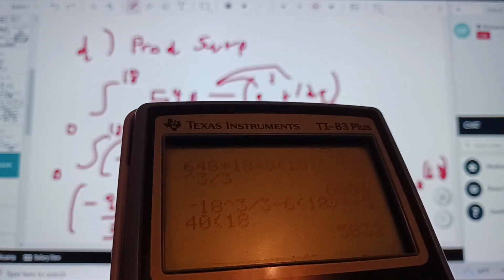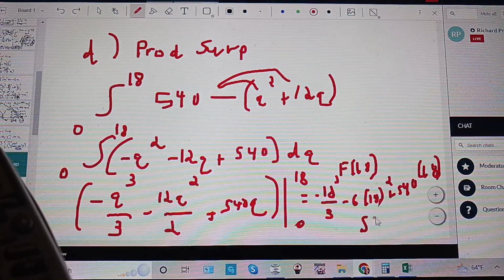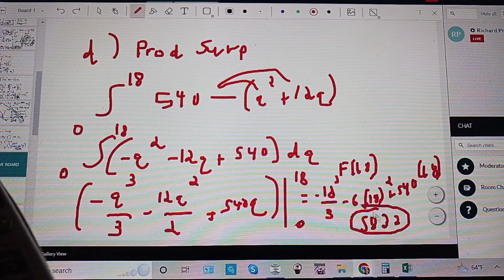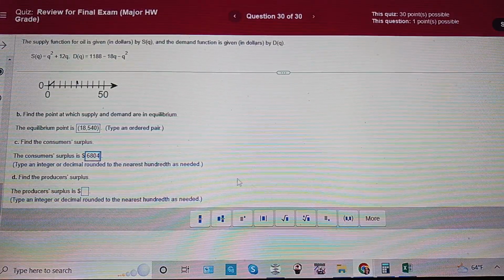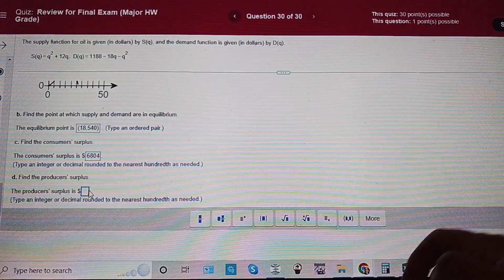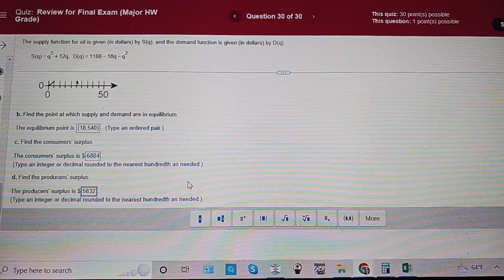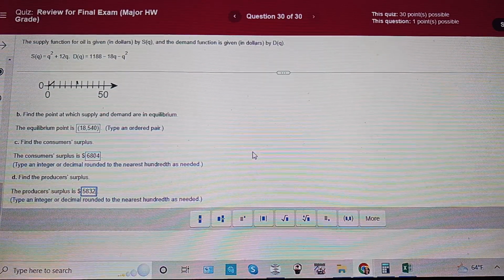This came out to the exact dollar amount also, $58.32. So a slightly better surplus for the consumers than for the producers. So it's a consumer's market instead of a producer's market. They would have the advantage.